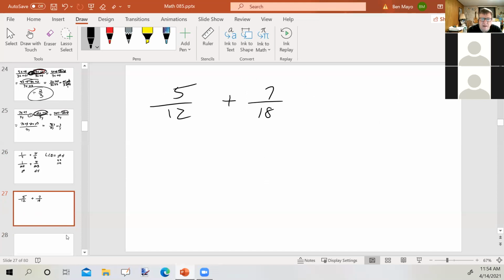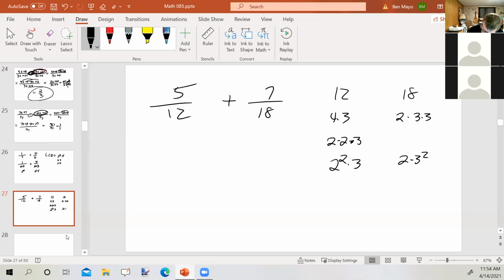36. Great. How did you get that? I just multiplied 18 by 2, and then 12 can also go into 36. Okay, and that works unless things get really big and really ugly, which they're going to. If we take 12 and we take 18 and we do the prime factoring, we get 2 squared times 3 and 2 times 3 squared.